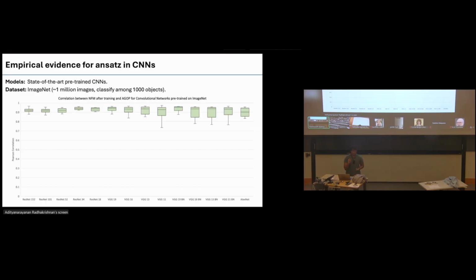And these are all trained on the dataset ImageNet, which is about 1 million different images where you classify among 1,000 objects. And you can look at every single layer. So here, each column is a model. And the y-axis here is just the Pearson correlation between my covariance of this weight matrix at the patch level versus my AGOP.